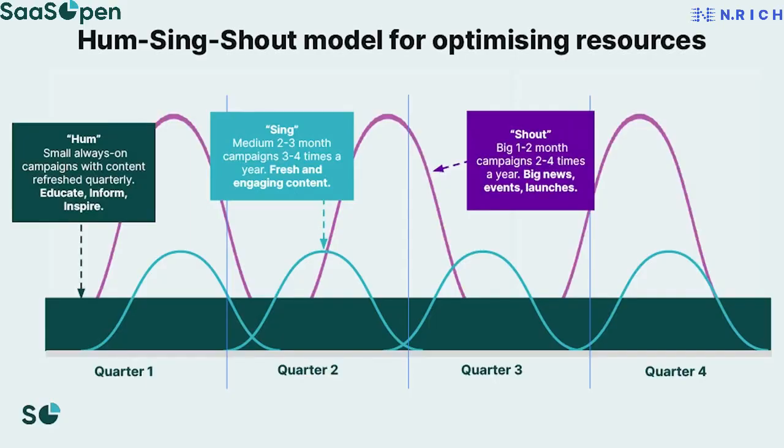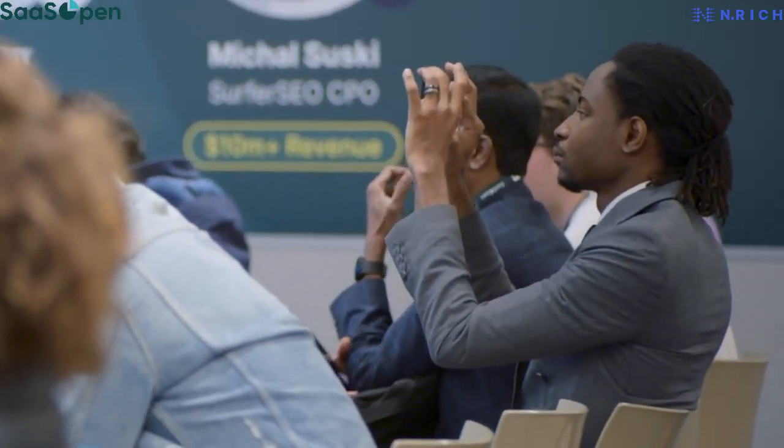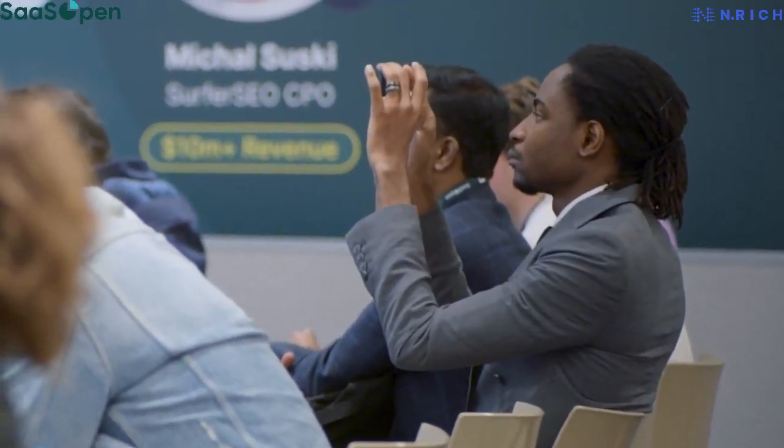So it's called hum, sing, shout. Hum is always on, sing is a middle-sized campaign, and shout is a big short-term campaign. So this is the framework that we recommend using when you start thinking about what to do in each of these stages of the buyer journey.